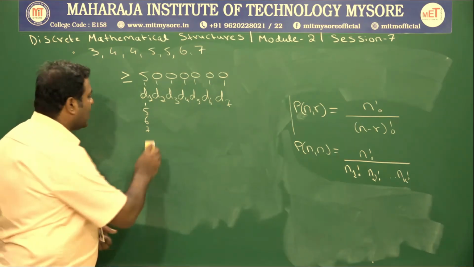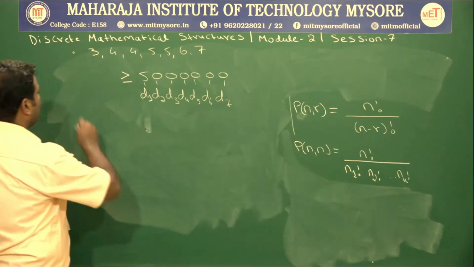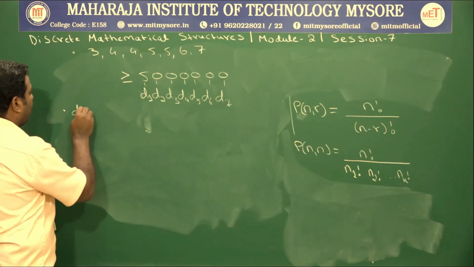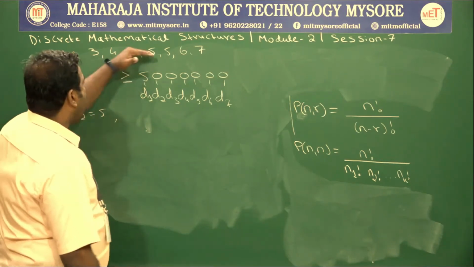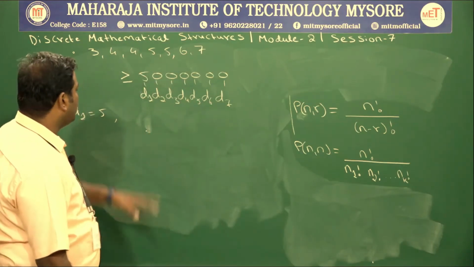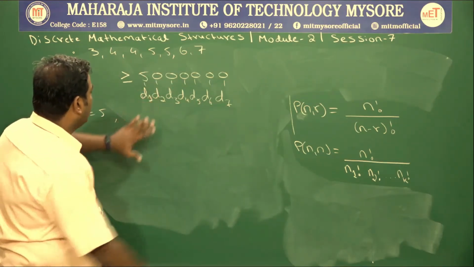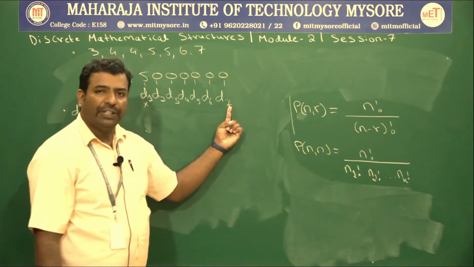So let me take this case by case now. So in case 1, when d1 is equivalent to 5, I have used one digit out of the n objects. So my one job is done. Now I should think about 6 more digits.